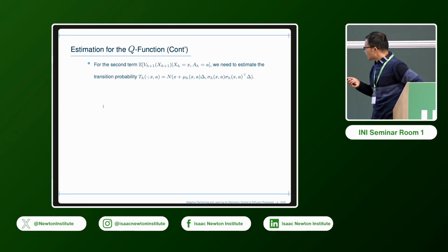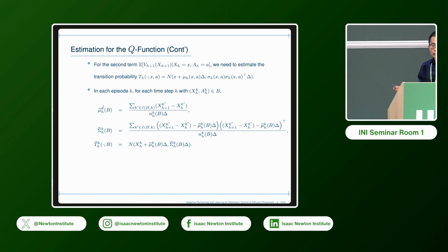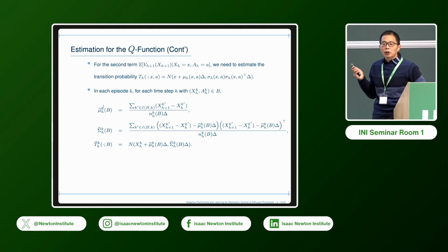So this estimation can be done by the estimation of this mu drift and the volatility. Our estimation is quite standard. It's just the standard sample mean, something like sample variance. Of course this is a matrix, variance covariance matrix, and then this estimation of the transition kernel is just the normal one with the estimated mean and variance. It's quite well. At the beginning, I didn't really believe this can work, but it works.